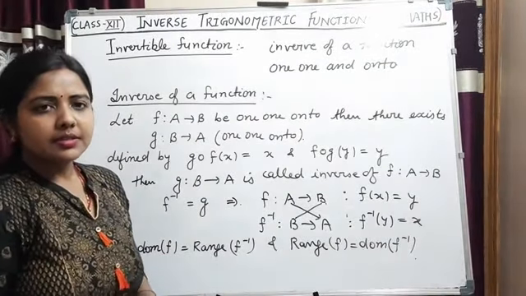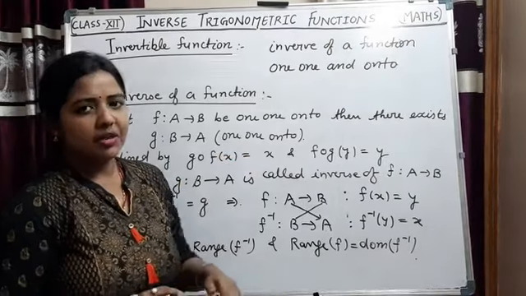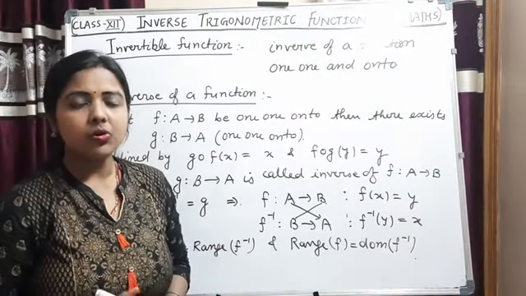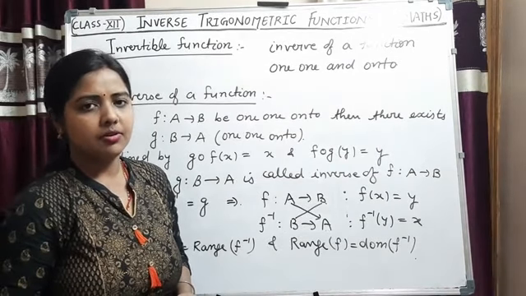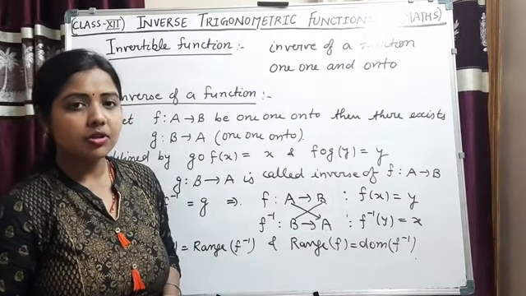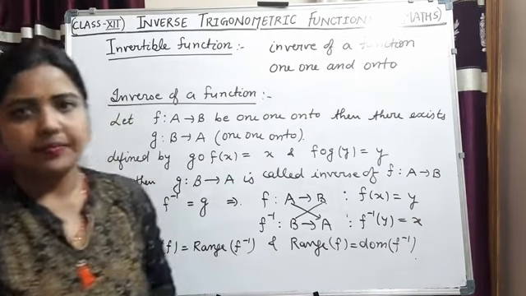Now we will discuss the same concept in trigonometric functions also. Means we will find out whether trigonometric functions are also 1-1 onto. Then only we can find the inverse of trigonometric functions.